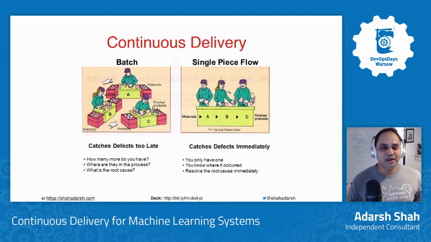I'm going to compare batch processing and single piece flow here. Single piece flow is what continuous delivery is. On the left, as you can see, they're processing things in batches. If there is an issue when you integrate one batch with another, you might find it too late.